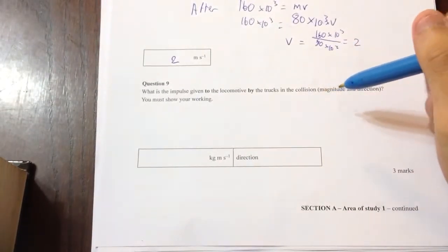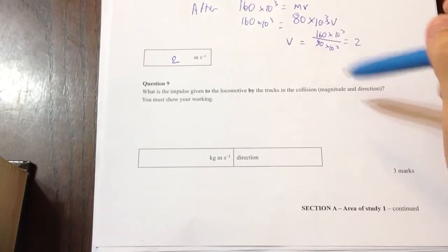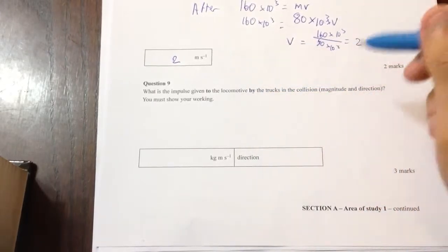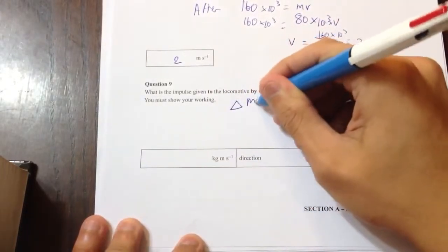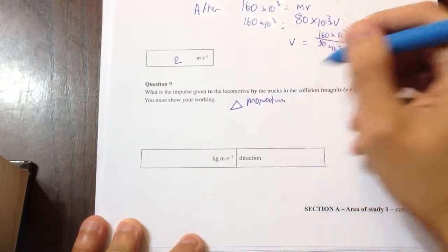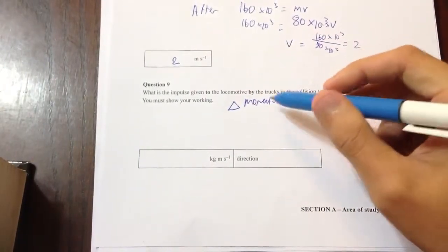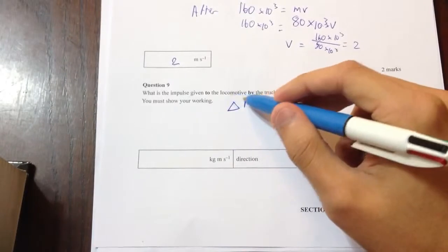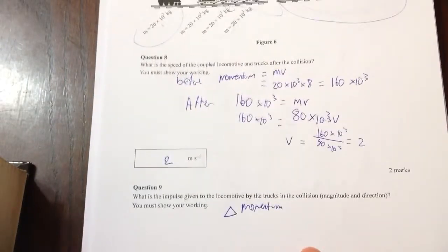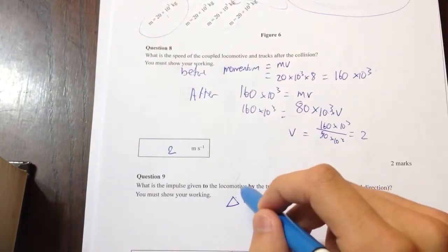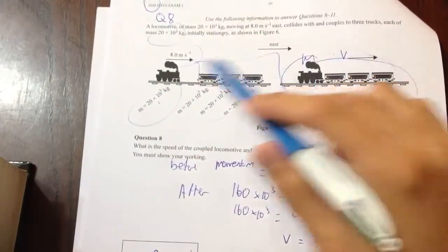What is the impulse given to the locomotive by the trucks in the collision? You must show your working. So impulse is change in momentum. I want to figure out the change in momentum of the locomotive, because that must have been what the trucks did.